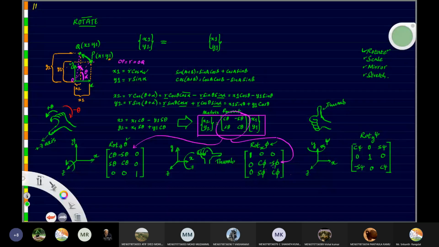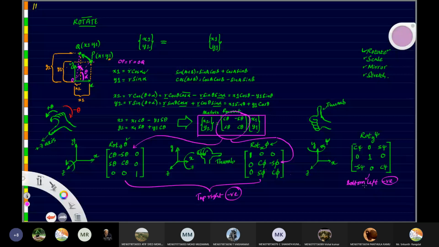So here, in both these cases, the top right sine value is negative. Whereas here, the bottom left value is negative.